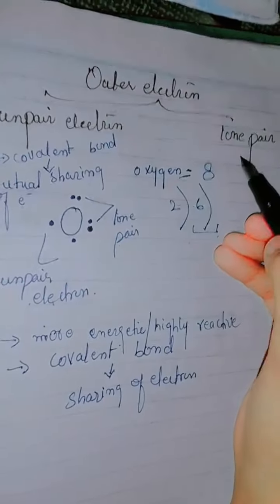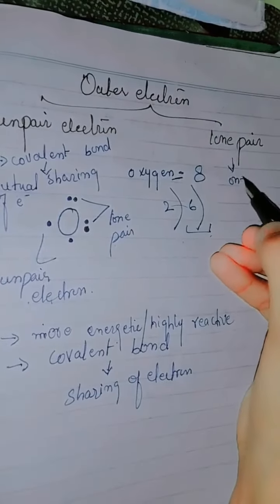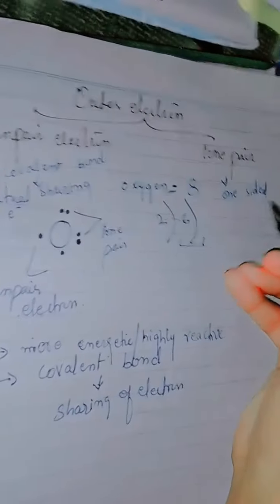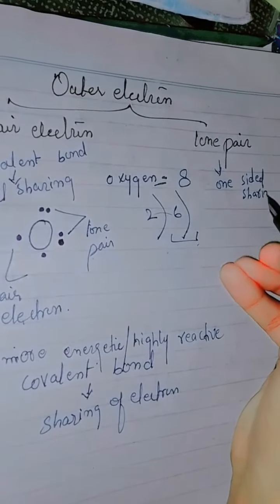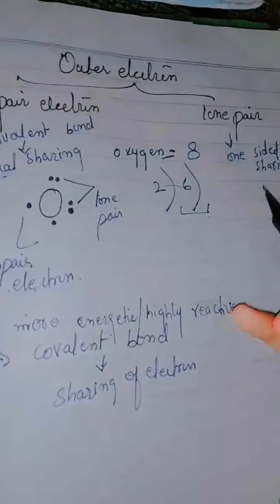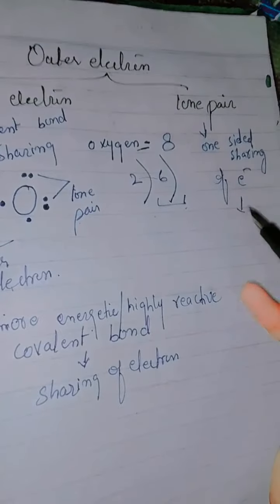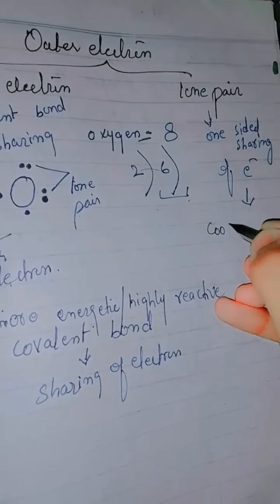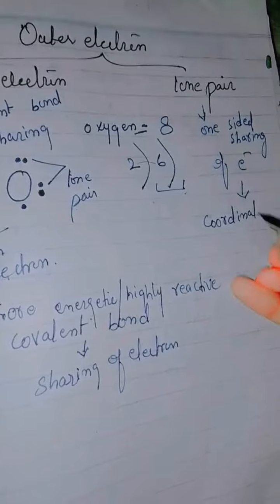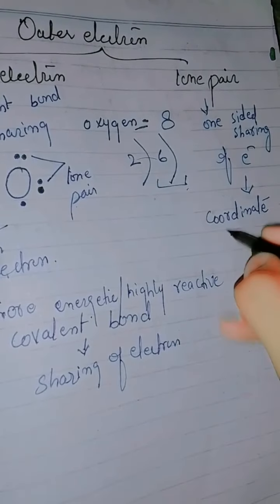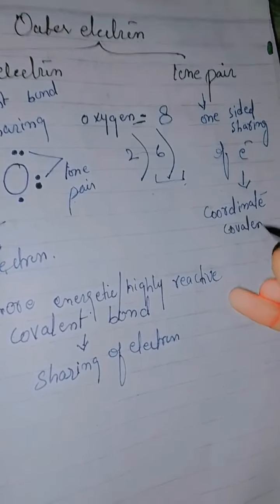And in a lone pair, there will be one-sided sharing of electrons. I'll be giving an example of both. That one-sided sharing of electrons is called coordinate covalent bond, the opposite of covalent bond.